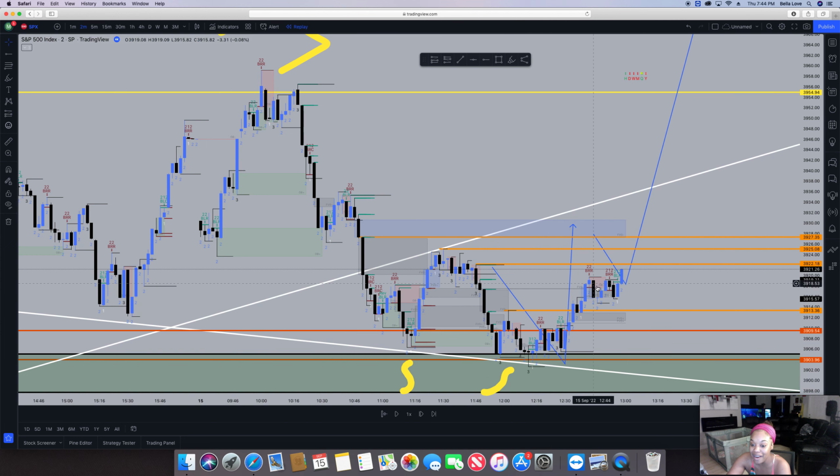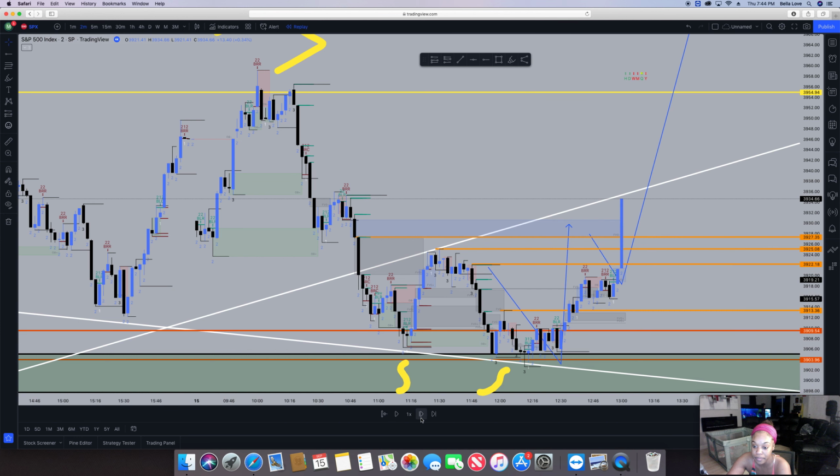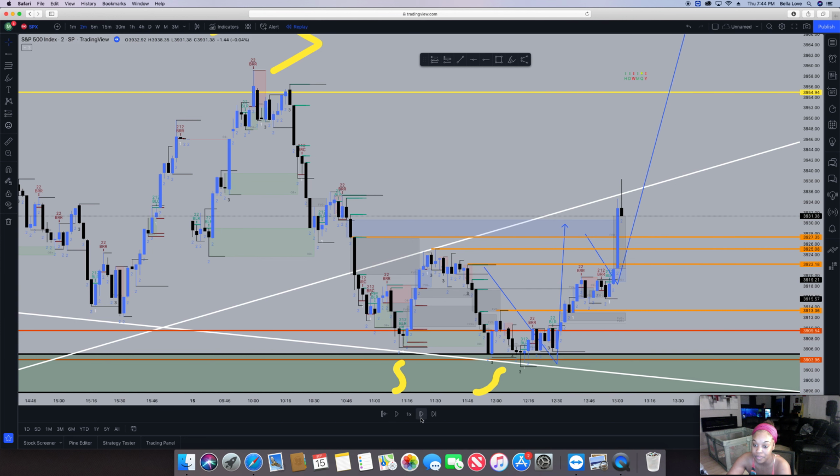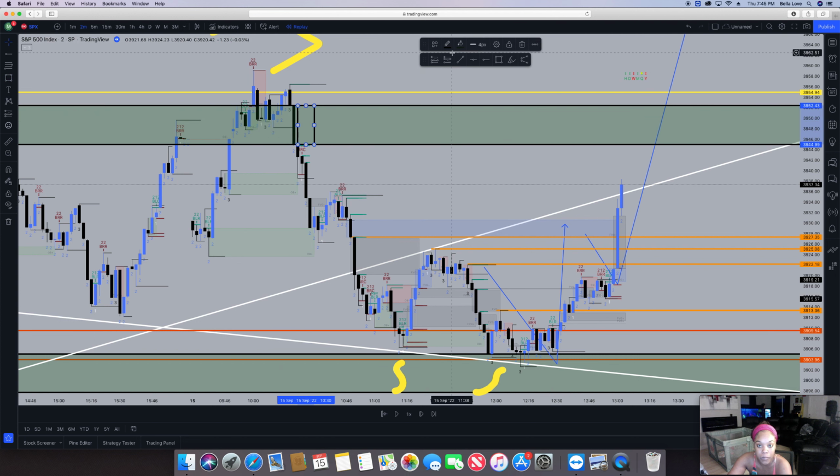So right there would have been a safe entry again to go for calls. You guys see that broadening formation? So now it's passed through the broadening formation. It's just taking out targets at this point. So here was also another fair value gap. I'll make that purple.